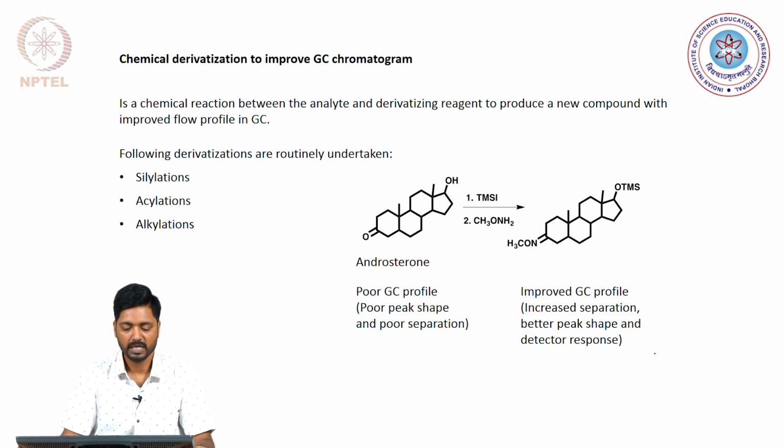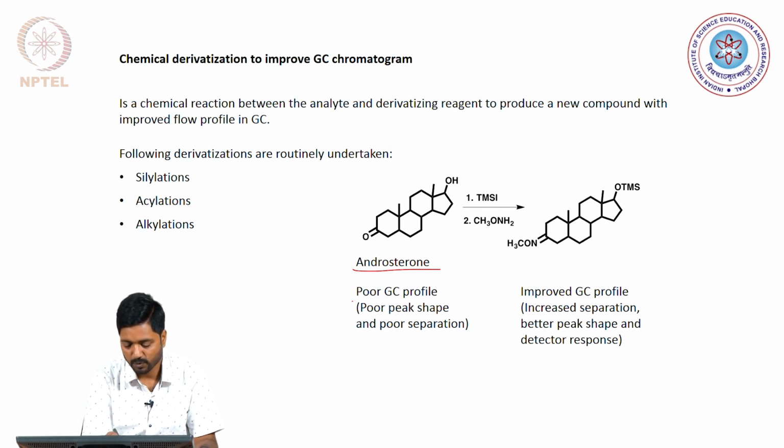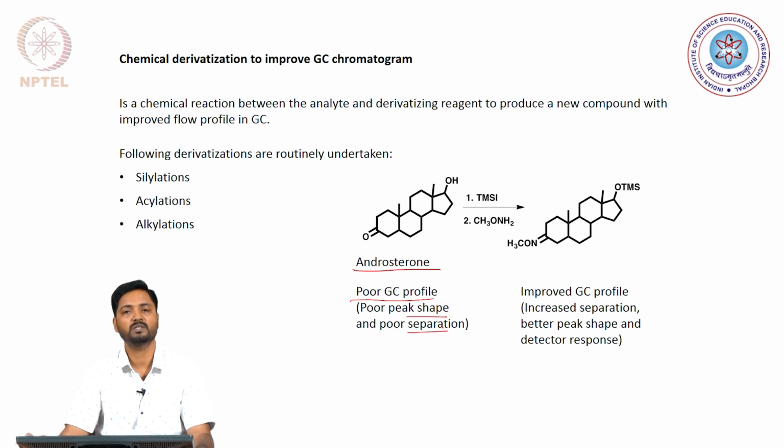Now, let me give you a quick example of how chemical derivatization is utilized to improve the gas chromatography. So, here I have taken an example of androsterone, which is a steroid present in our bodies, and this compound inherently has poor gas chromatographic profile, and it thus has poor peak shape and poor separation in gas chromatography.